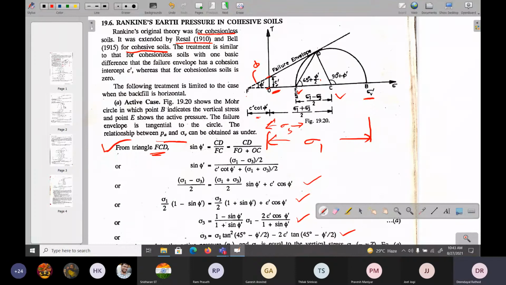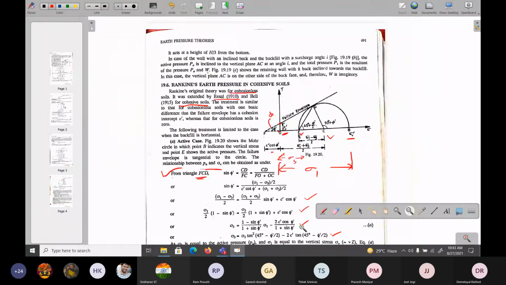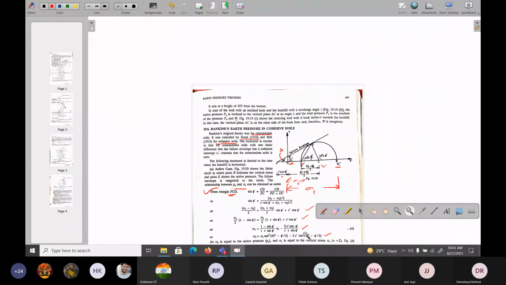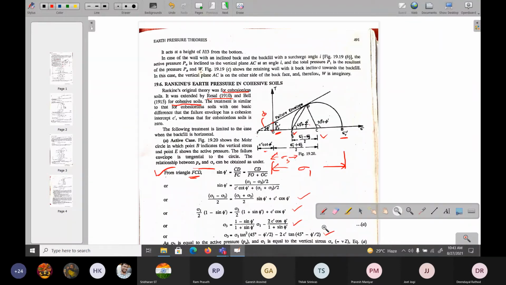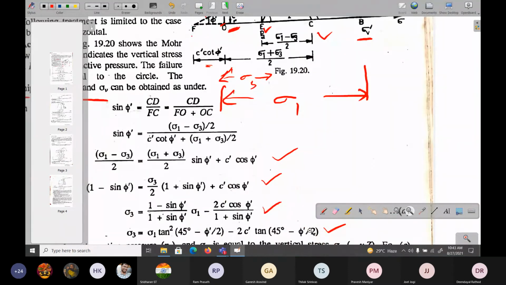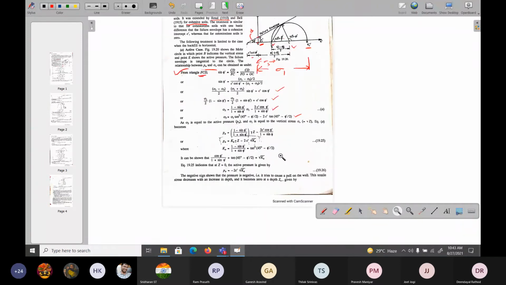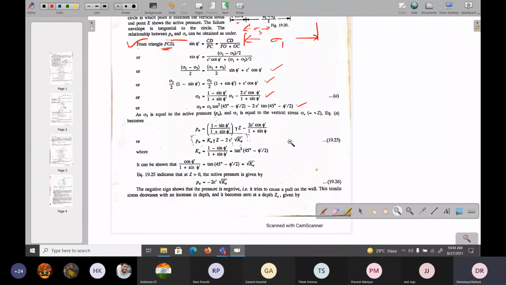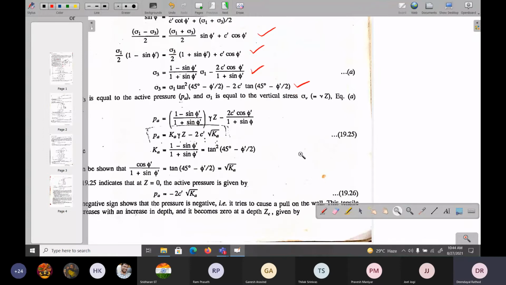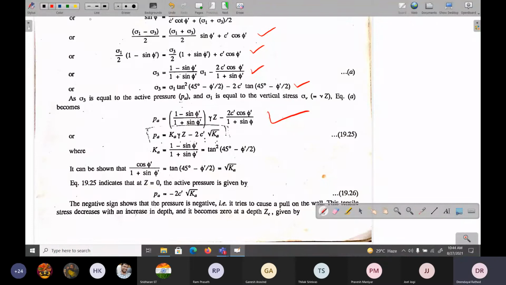Finally you can see that these particular things can be written like this. Understand?